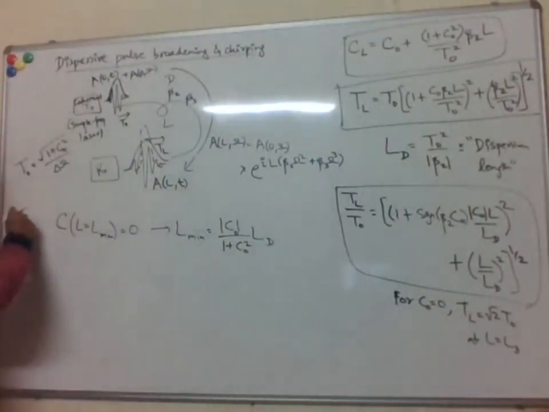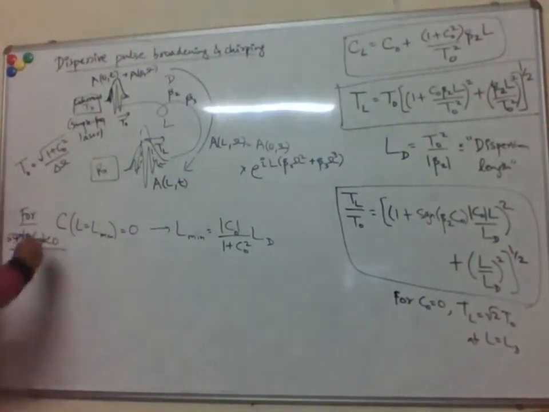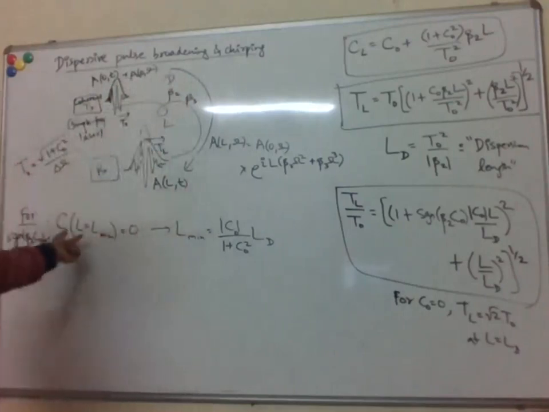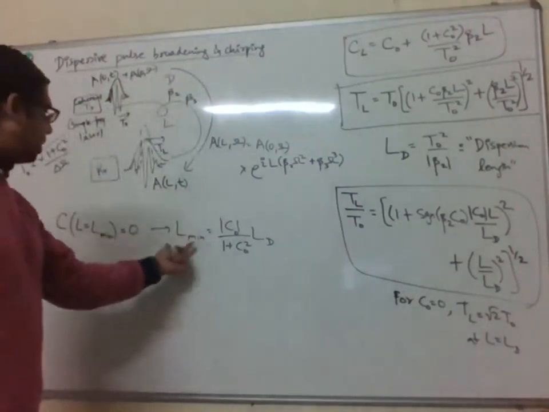Of course this is for the sign of beta 2 C0 less than 0. Then basically the pulse will compress and then reach a minimum width after this length.